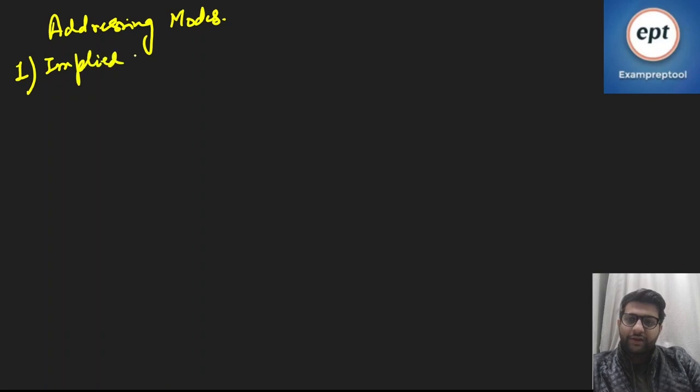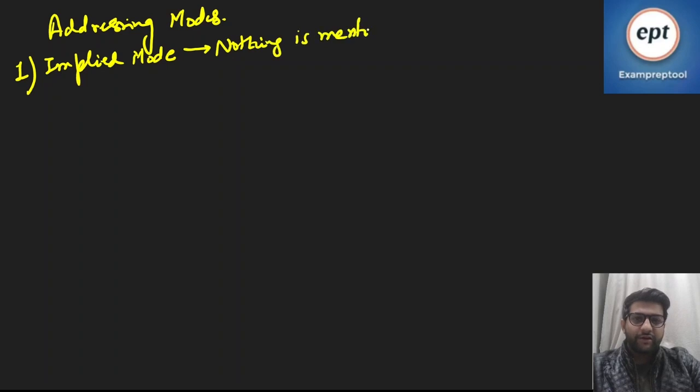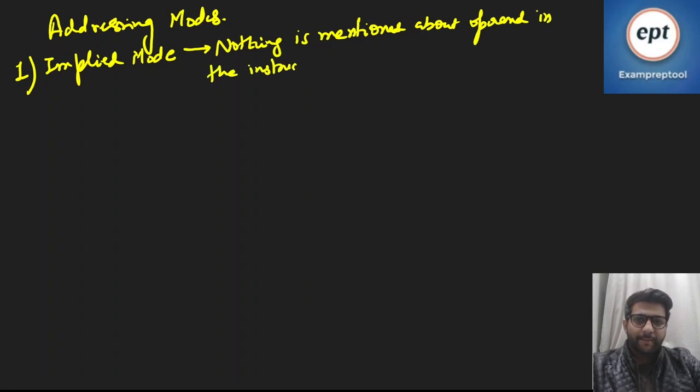The first one is the implied mode. In these types of instructions, nothing is mentioned about the operand in the instruction, so the effective address of that particular operand will be taken implicitly.